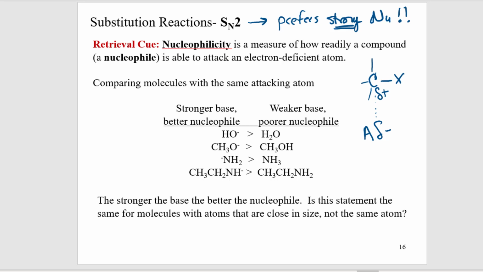But without one of you being charged and bold enough, you'll never react, okay? It's much better to have an atom that has a formal negative charge because its desire is to react. It has extra electron density. It's bold enough to go and interact with that carbon.